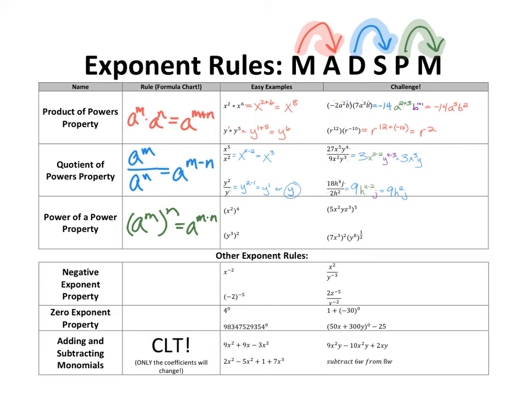Now, here's the thing. This is not distribution, but it kind of looks like distribution. If you go anywhere and you ever tell another math teacher, I told you this is distribution, they're going to be super mad at me. It is not distribution, but it looks like it. Because it looks like we're going to take this power and multiply it inside the parentheses.